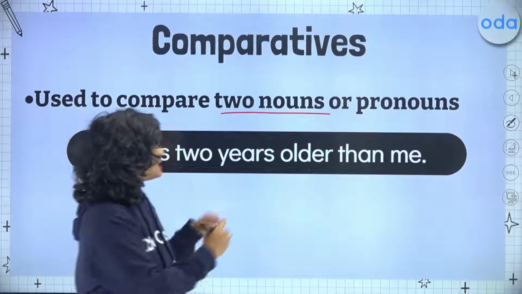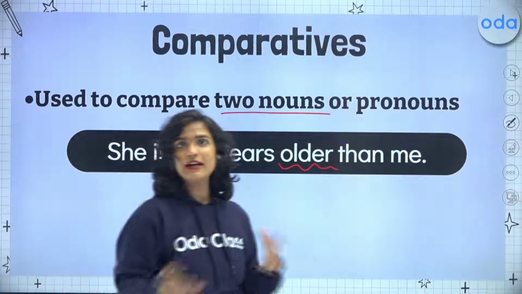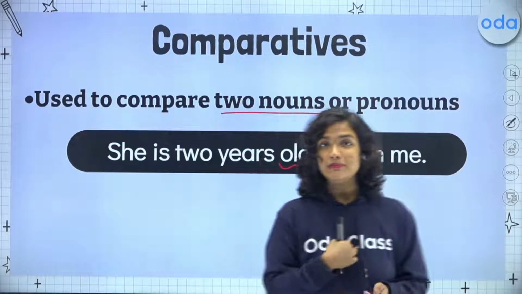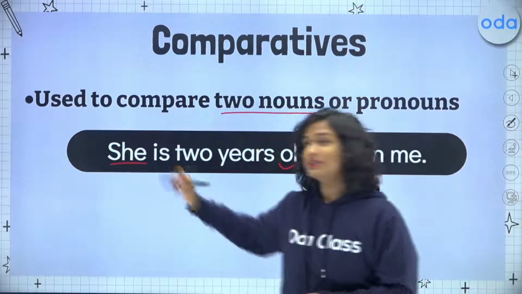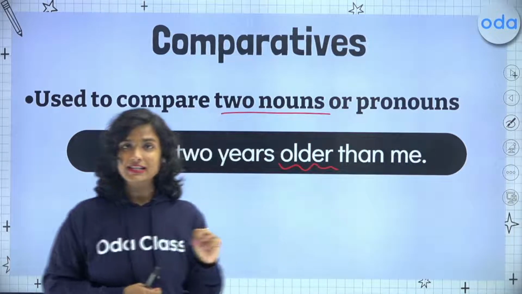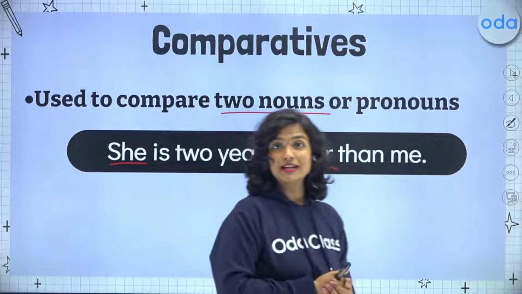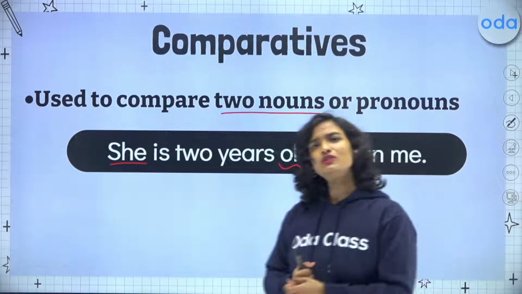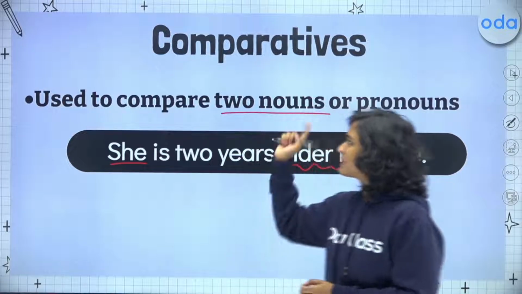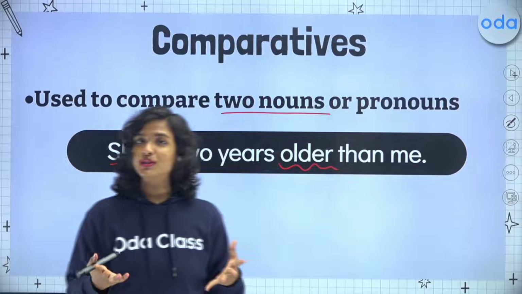But she is 2 years older than me, so there is a comparison being made between me and her, the 2 nouns or 2 pronouns being compared. And we have our adjective, which is helping us do the comparison. So that is the first use of comparative adjectives, which is to compare 2 nouns or pronouns.